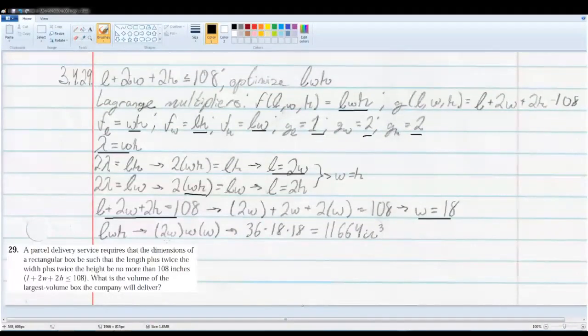So I could just convert that all into width. And so I got 36 times 18 times 18 equals 11,664 inches cubed, which is the maximum volume that we could get. And if you wanted a critical point, that would be specifically 36, 18, 18.